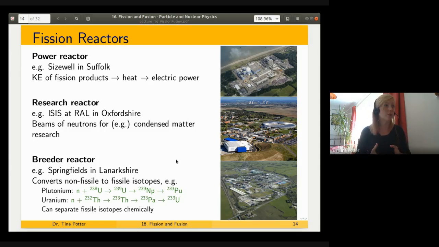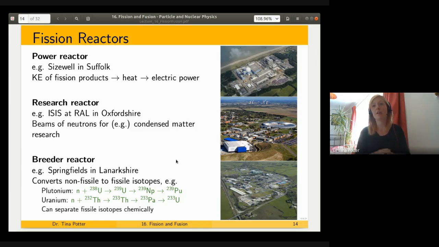There's two more types that you may or may not be aware of. There's research nuclear reactors as well, and there's a wonderful, beautiful one over at RAL called ISIS. We're inducing fission, and we have lots of prompt neutrons coming out, and those neutrons are used to probe the structure of matter in research.